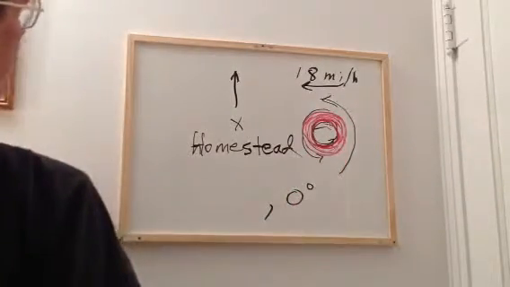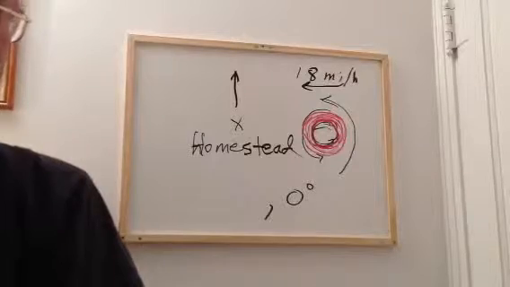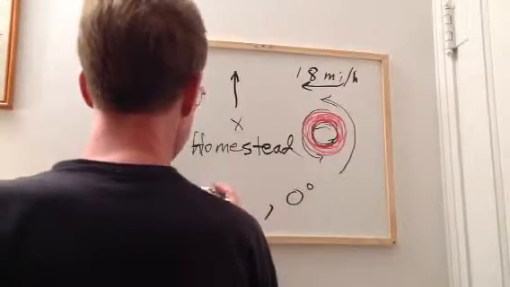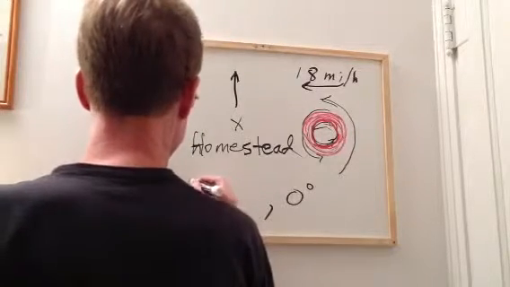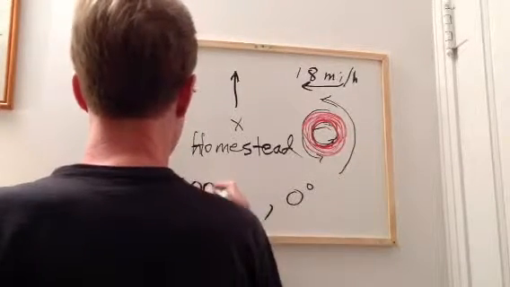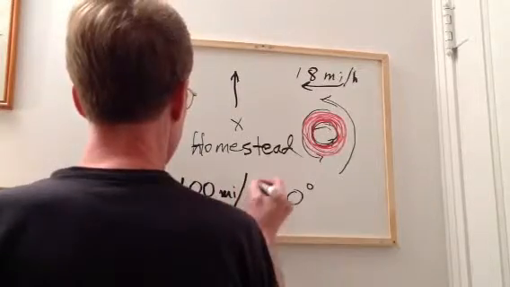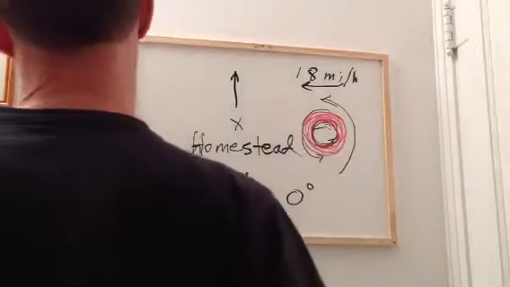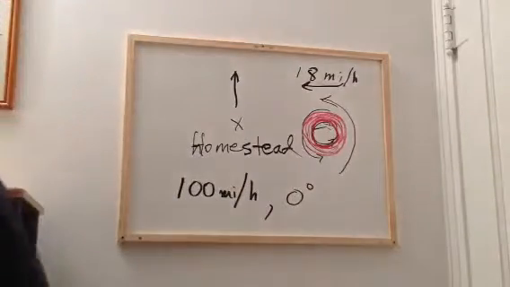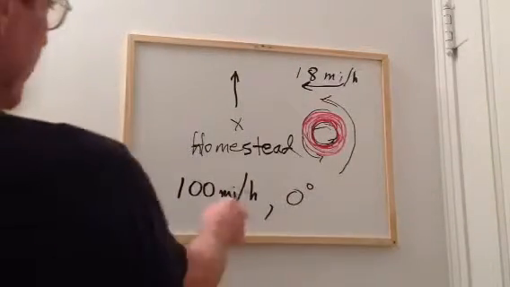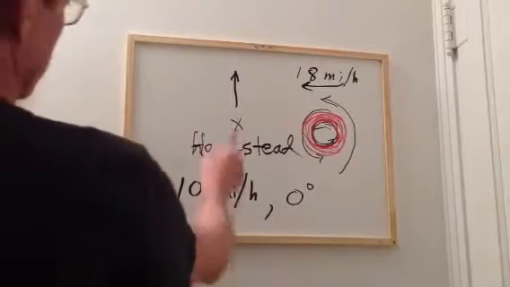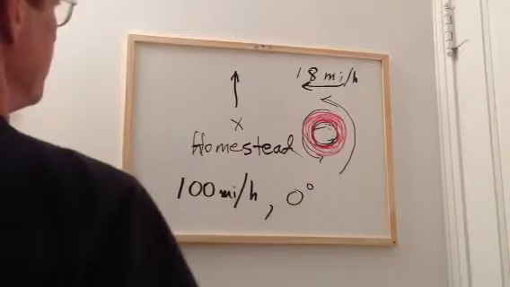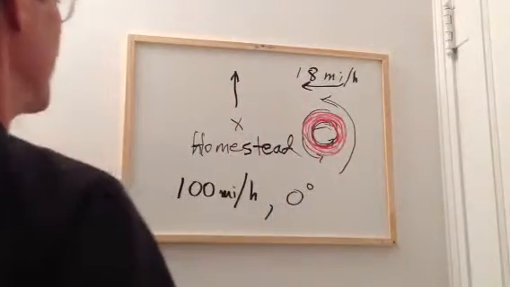I don't know what the sustained winds would have been in the second half of the hurricane, but I imagine they were probably something on the order of 100 miles an hour. A mere breeze compared to 120. The destructive power of 120 mile an hour wind is quite a lot more than 100 miles an hour. It's a lot more than the difference would suggest. Anyway, that would be the vector of the wind during the second half of the storm.